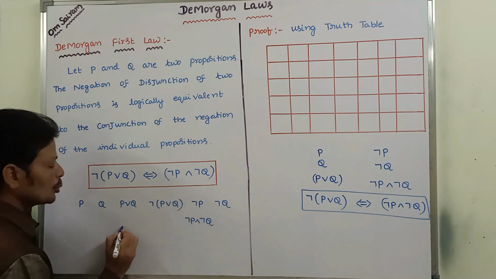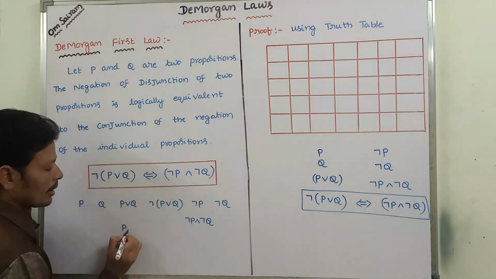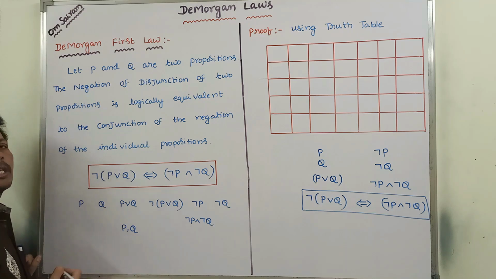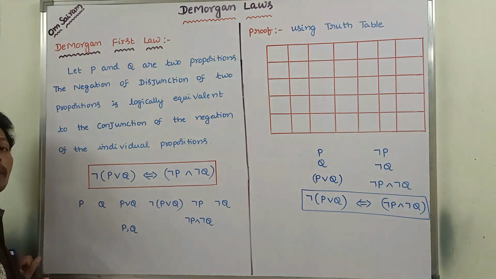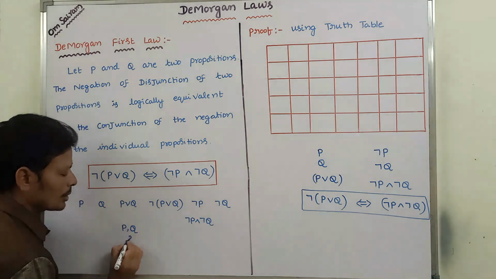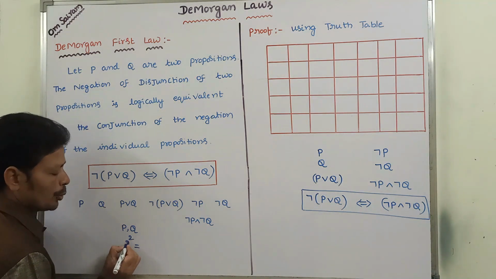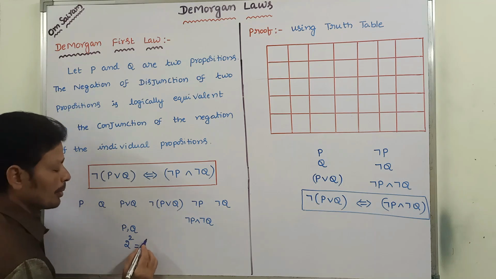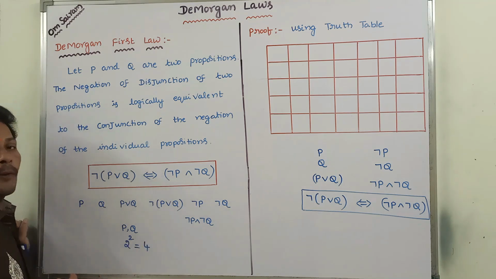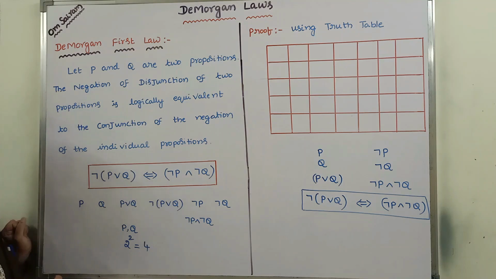There are two propositions, P and Q. With two propositions, how many possible truth values do we get? That is 2 power 2, where 2 is the number of propositions, so 4 possible combinations of truth values of the propositions P and Q.